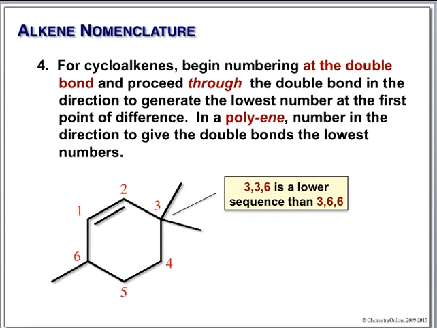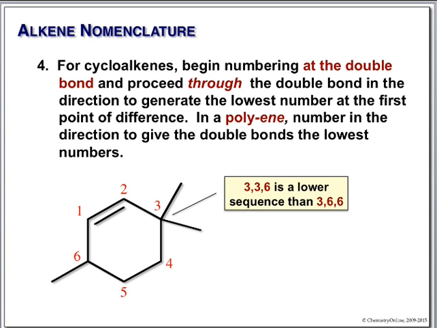Well, this is how we're going to number it. 3, 3, 6 is a lower sequence than 3, 6, 6. First point of difference is this 3 versus that 6. And that's what you shoot for: lowest number at the first point of difference.